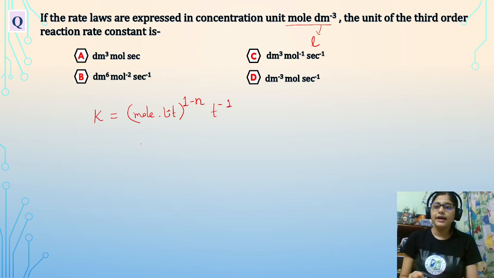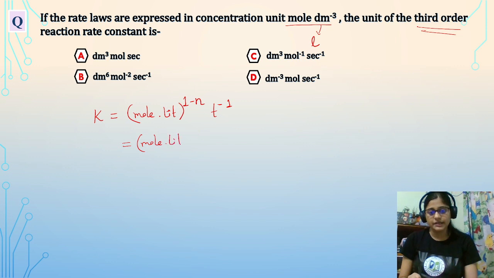Here it is a third order reaction, so we put n equal to 3. It will be mole per liter to the power -2, t to the power -1.